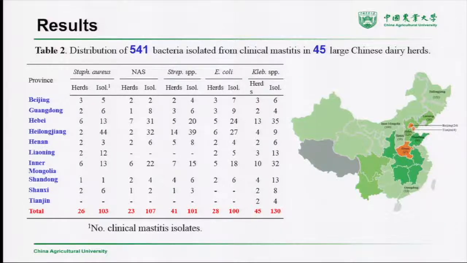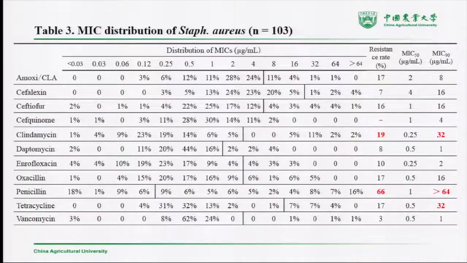And we have 103 Staphylococcus aureus from 26 herds, 107 NAS from 23, 101 Streptococcus species from 41, 100 E. coli from 28, and 130 Klebsiella species from 45 dairy herds. Now let's show the MIC distribution of these 5 isolates.